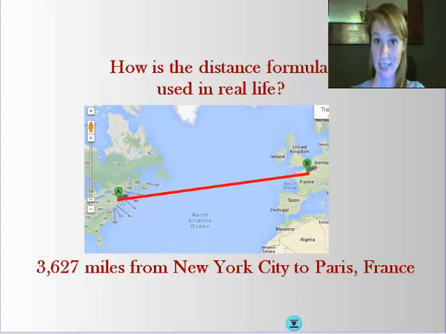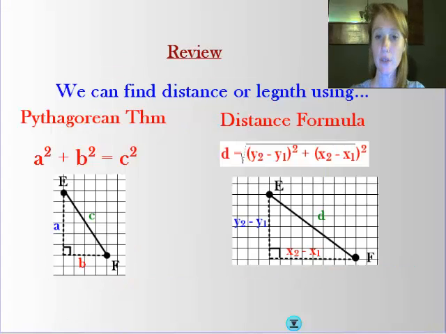And in our example, we wanted to find the distance between New York City and Paris, France. So Google Maps tells us using the distance formula that between those 2 cities, there is a distance of 3,627 miles.